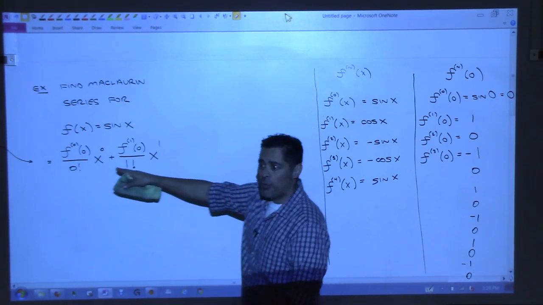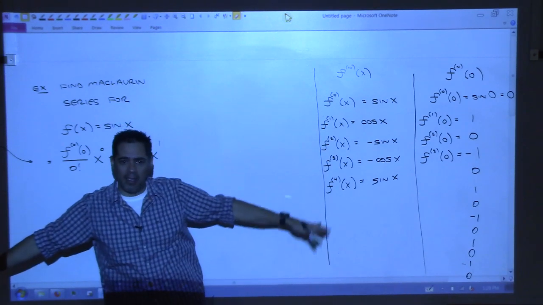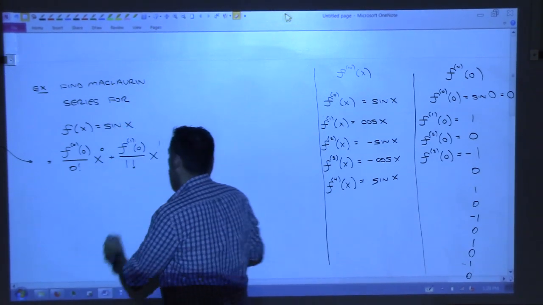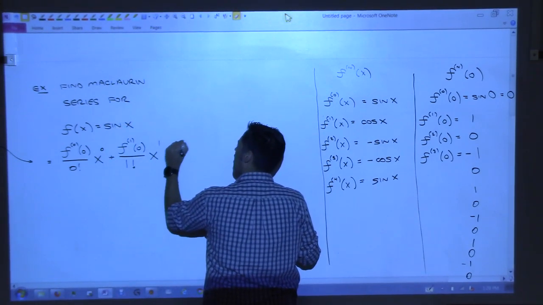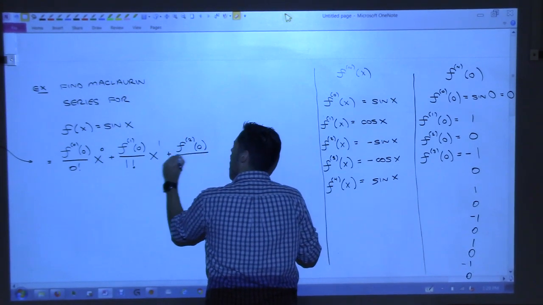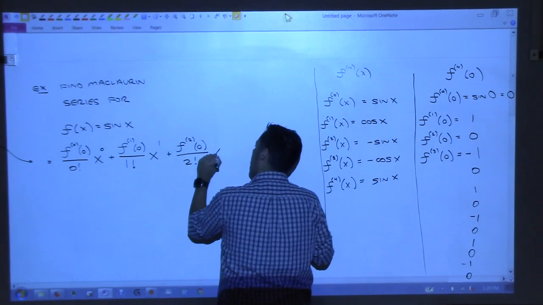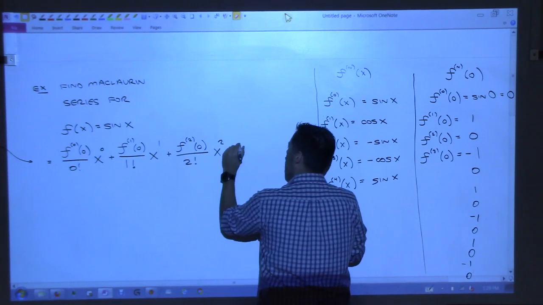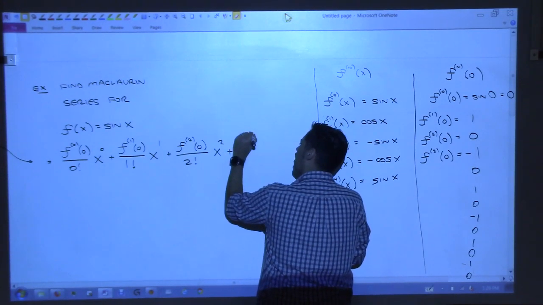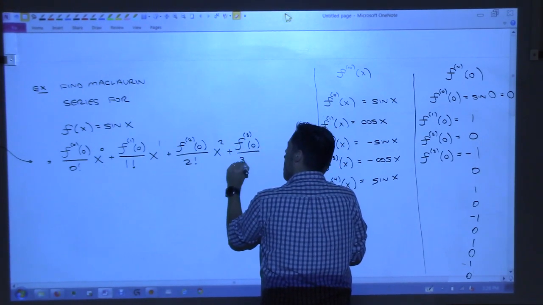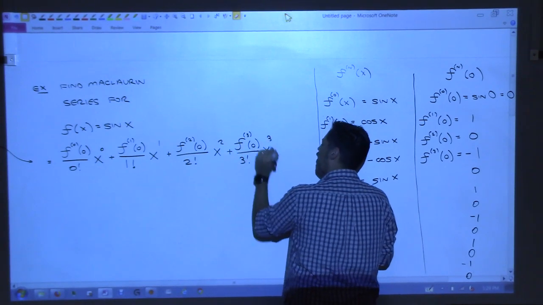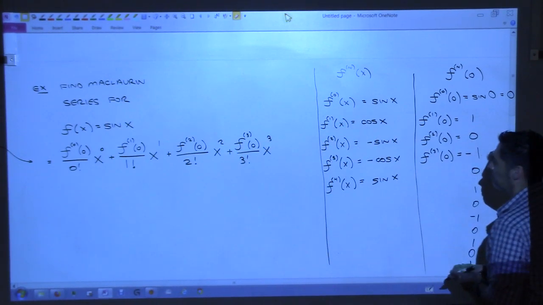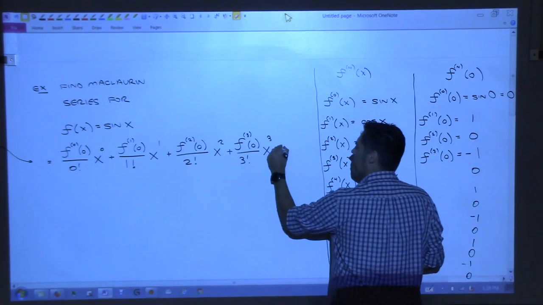I'm just writing out this formula, right? I'm not plugging anything in yet. The next one would be second derivative at 0 over 2 factorial x squared. We're going to need a few more of these. Third derivative at 0 over 3 factorial x to the third. Yeah, we'll just stop there. Plus dot, dot, dot, right?